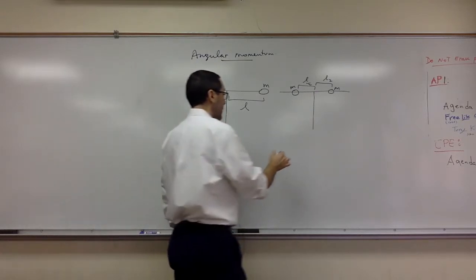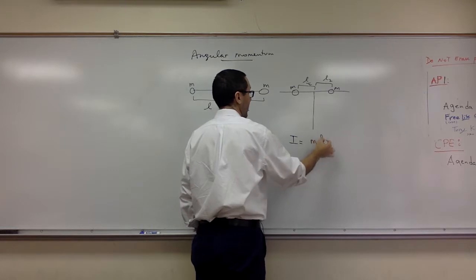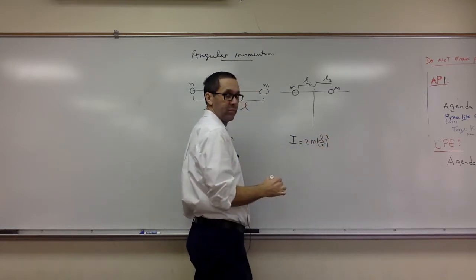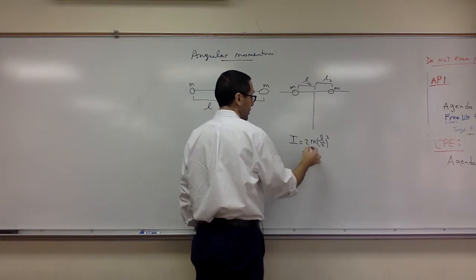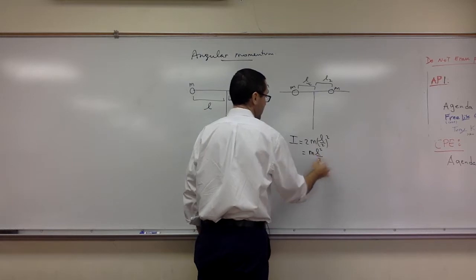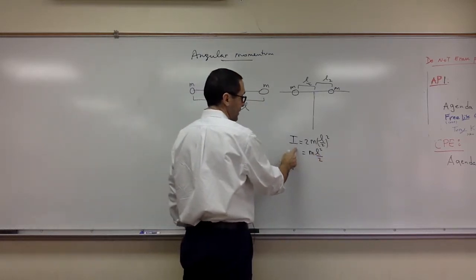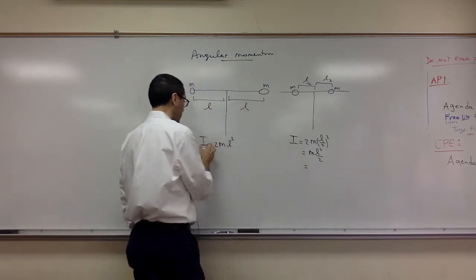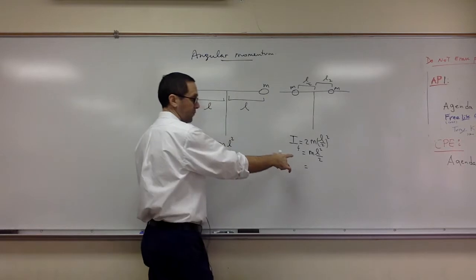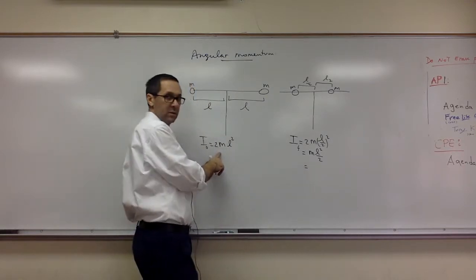The I here is going to be m times L over 2 squared, but you have 2 of them, and that should be equal to mL squared over 2 by the time you finish, right? Now you can see clearly that if I call this the initial and this the final, this is going to be 1/4 of this if you were to compare them.